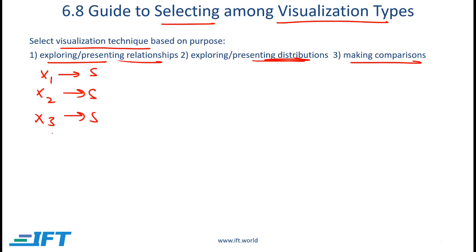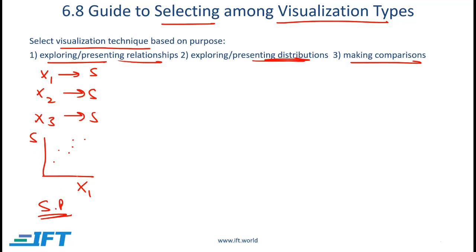To evaluate this relationship, we can create a scatter plot. So we can, for example, have X1 on the x-axis and stock market returns over here. And by looking at a scatter plot, we can try and estimate or understand whether there is indeed a relationship. So basically, a scatter plot can be used to understand the relationship or association between two variables.